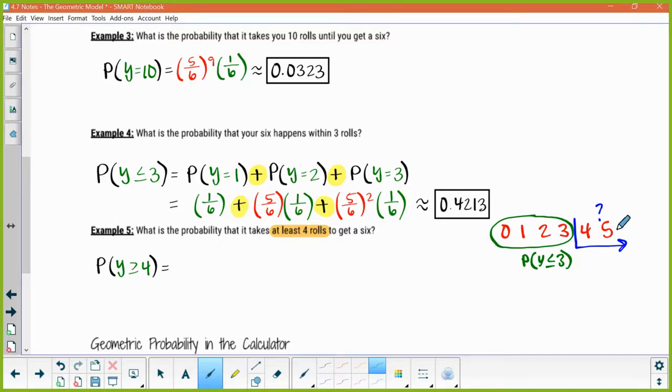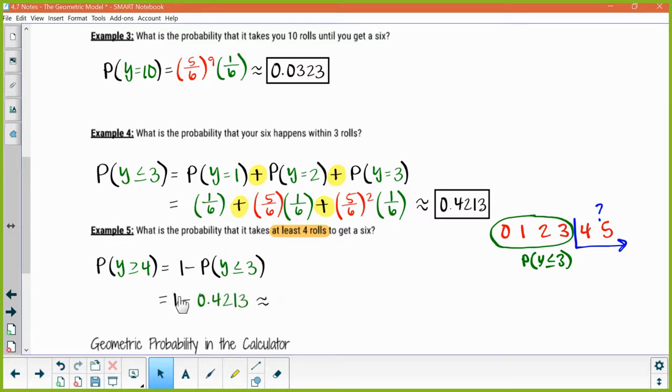So it's kind of like doing the opposite and subtracting from 1, which makes it a little bit easier for us. Otherwise, you're calculating things up until the millions and stuff, and it takes a long time. So 1 minus the probability of y is less than or equal to 3, which we just found, 0.4213. So I'm not even going to do any additional work there other than subtract, which gives me 0.5787.